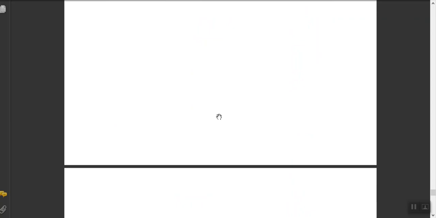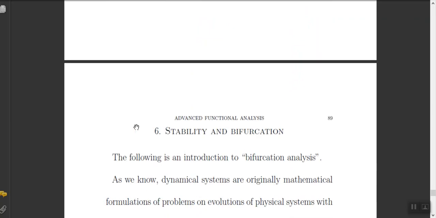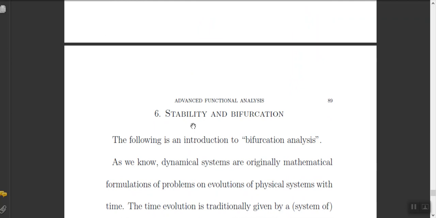Now let me mention something. You can see our last chapter is stability and bifurcation. Listen very carefully. I'm not going to discuss this chapter for you. I'm going to leave this chapter to you as self-reading, so do not worry. This chapter will not be in the final exam and also will not be in the QE, the qualifying exam.